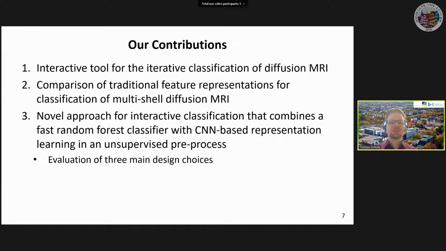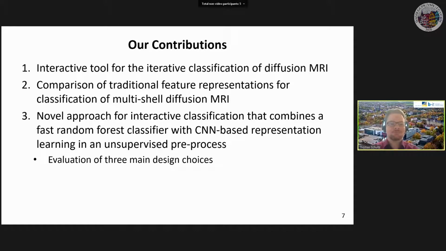Which brings us to the three main contributions in our work. The first was to design and implement an interactive tool that we can use for doing this kind of interactive classification of diffusion MRI data, as you just saw in the video clip. Then we compared some traditional feature representations with respect to how suitable they are for classifying this type of data.